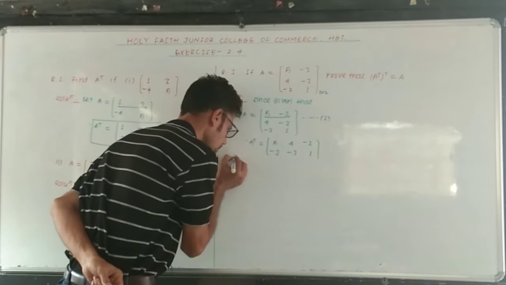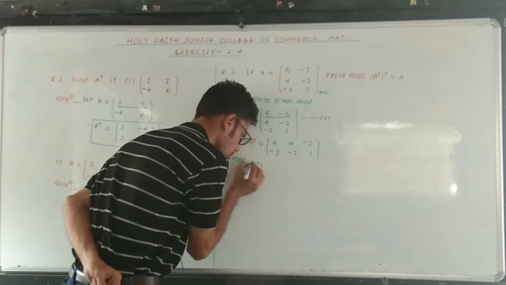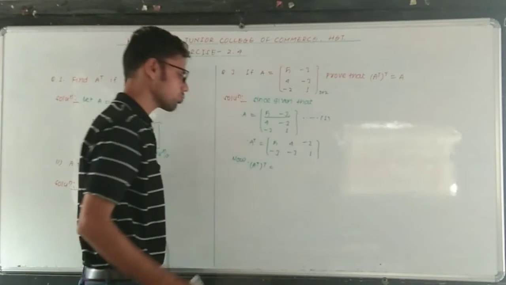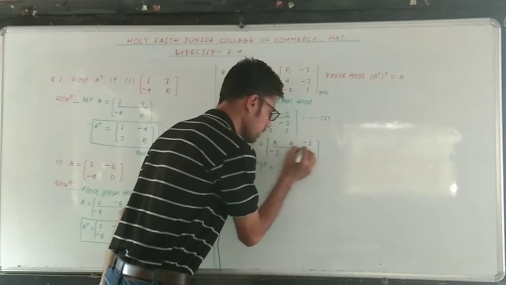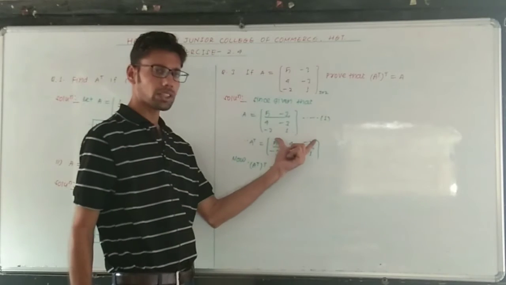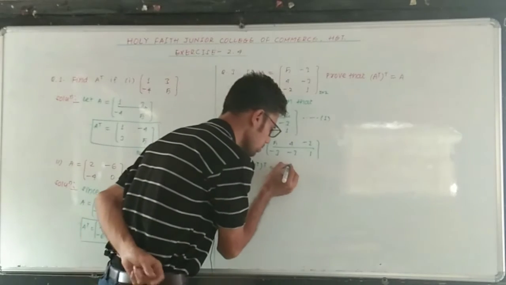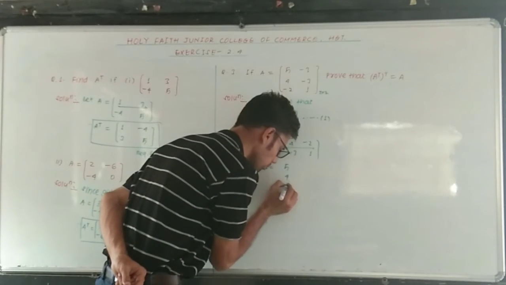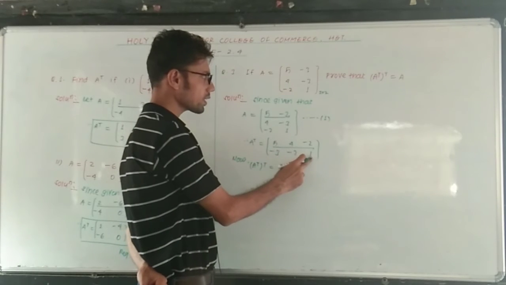Now A transpose whole transpose is equal to, we change these rows into columns. What is the first column? 5, 4, -2. And what is the second row? -3, -3, 1.